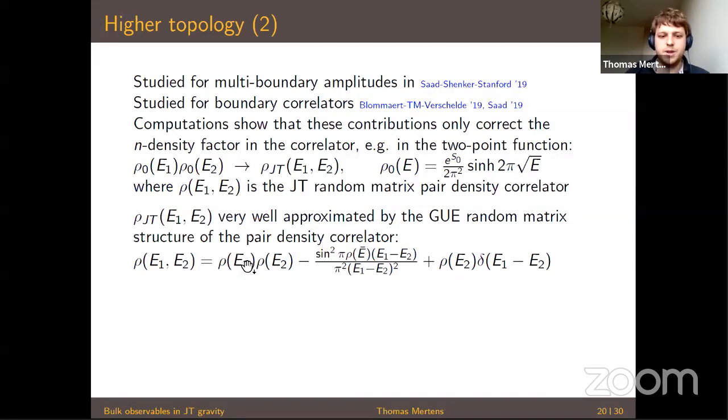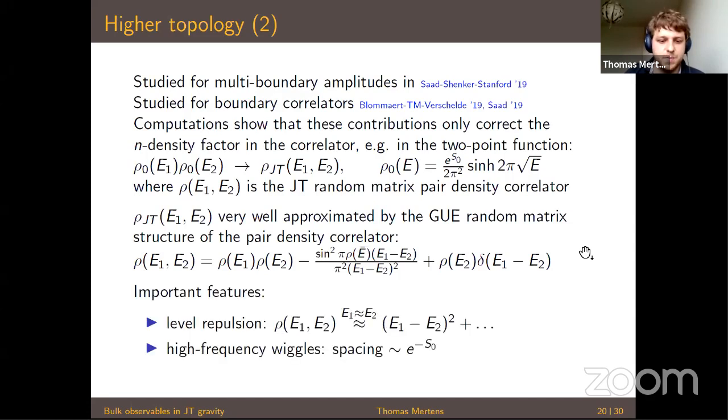Here rho is, in principle, the exact single density operator of the matrix ensemble that describes JT gravity. So these are the kinds of results that this random matrix perspective on JT gravity leads to.